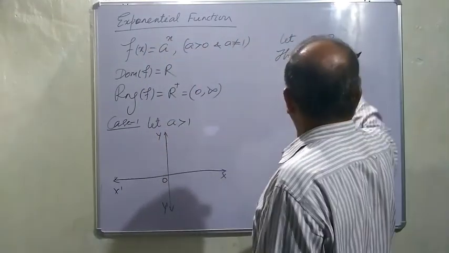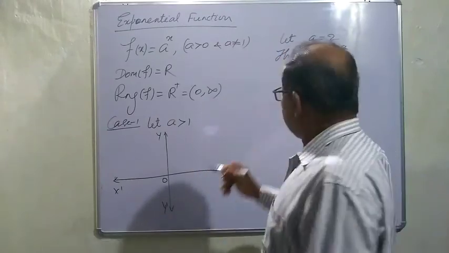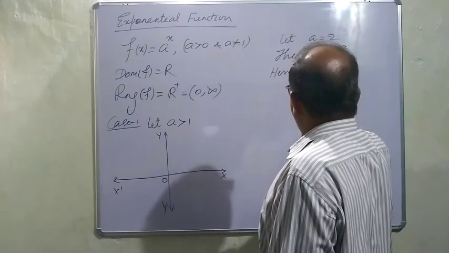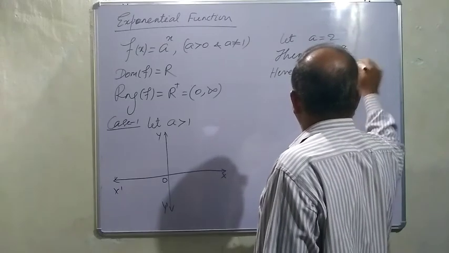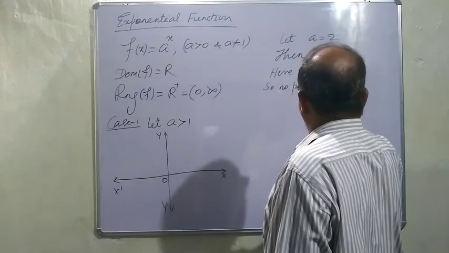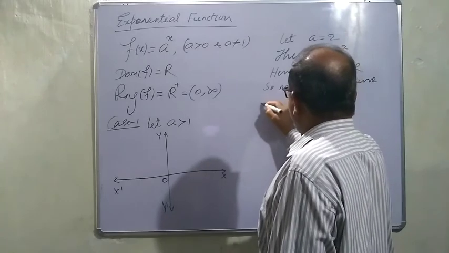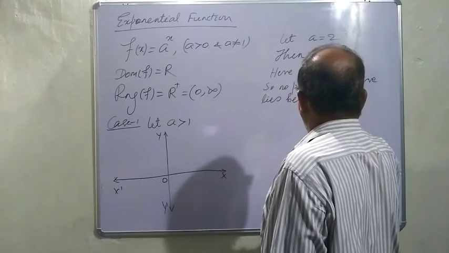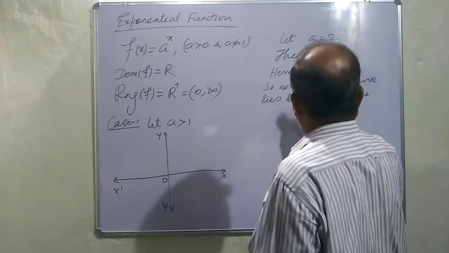For every real value of x, 2 to the power x is greater than 0 for all x belongs to R. So no part of the curve lies below the x-axis.